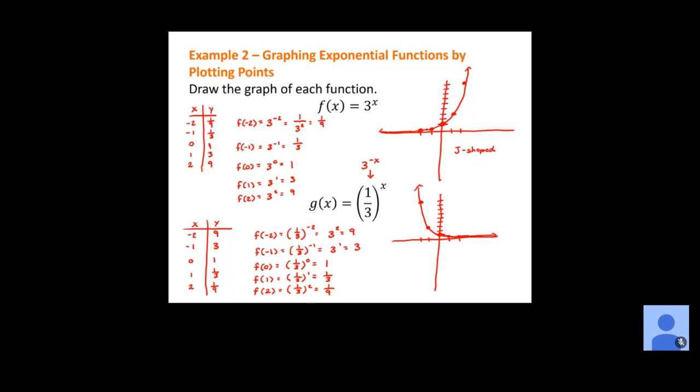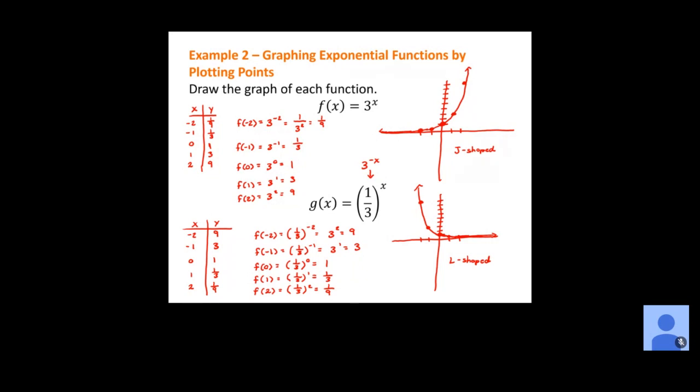Now, in this case, we call the first one a J-shaped curve. This one down here now is what we call an L-shaped curve, because it looks more like the letter L now. In general, that first graph is going to be used for exponential growth, right?